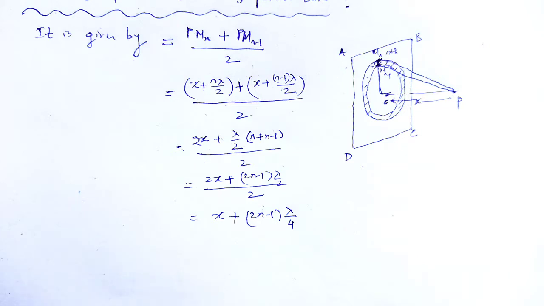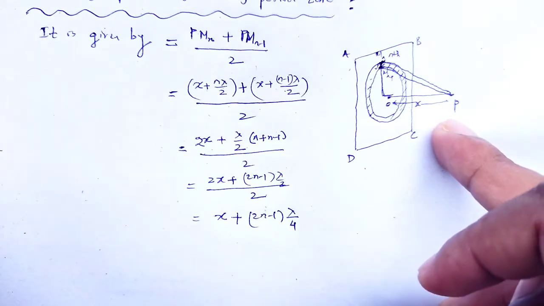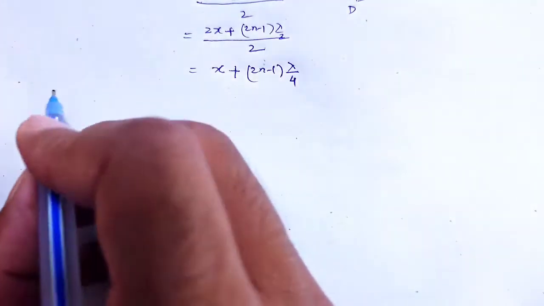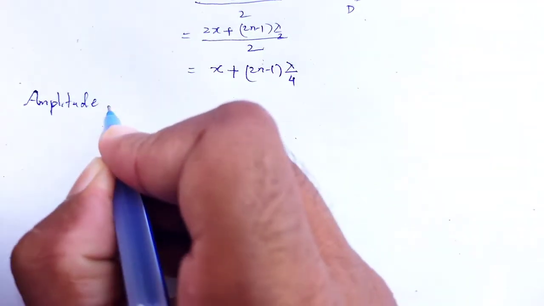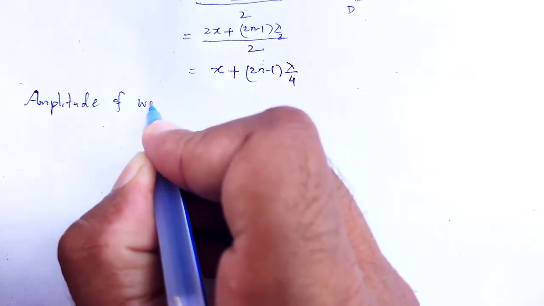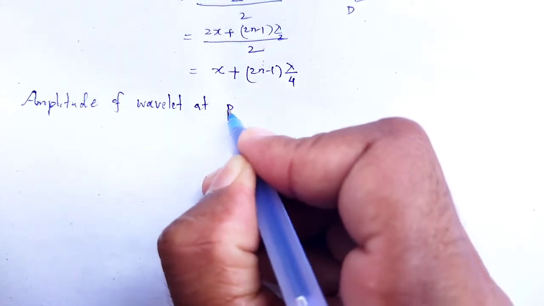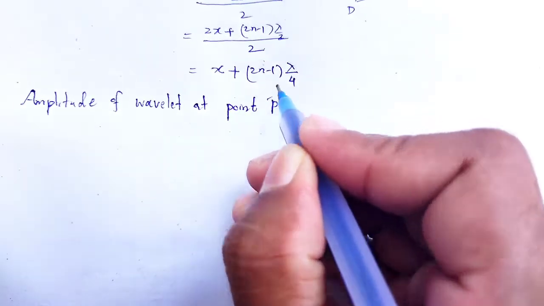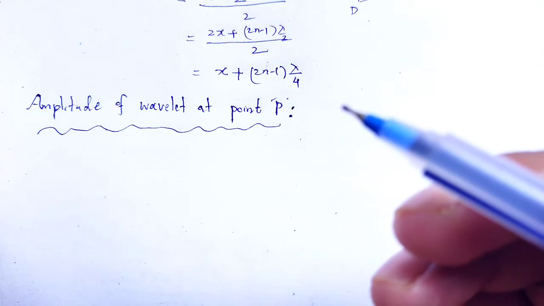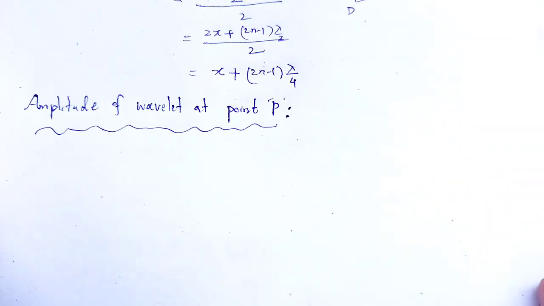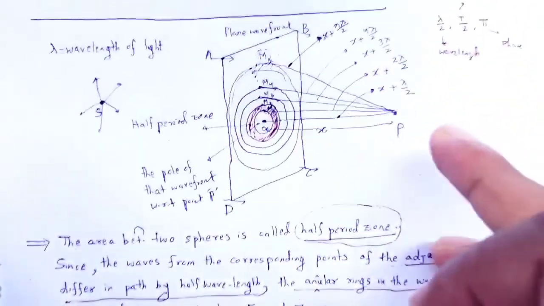Next, we have to calculate the amplitude of that of wave front at point P. To calculate the amplitude of wavelet at point P, according to Fresnel's assumptions, the amplitude at point P depends upon various factors.